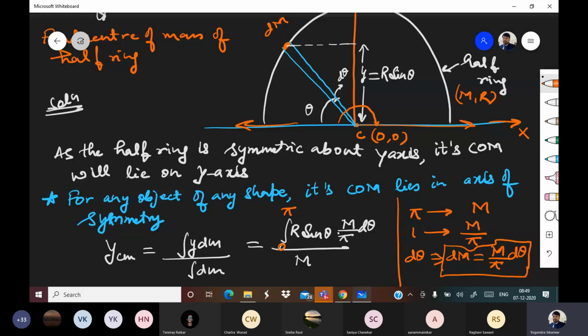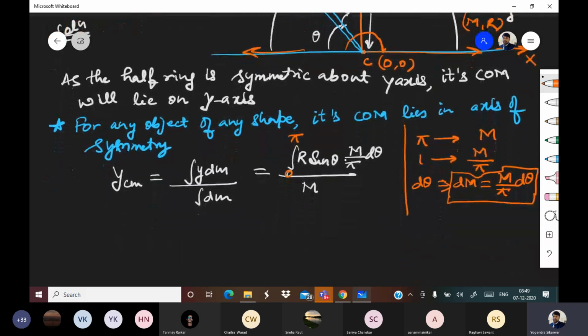Now as M and pi both are constant, we can take them out. So ycm will be M r upon pi integration sine theta d theta, because as theta is not constant, sine theta will also not be constant.